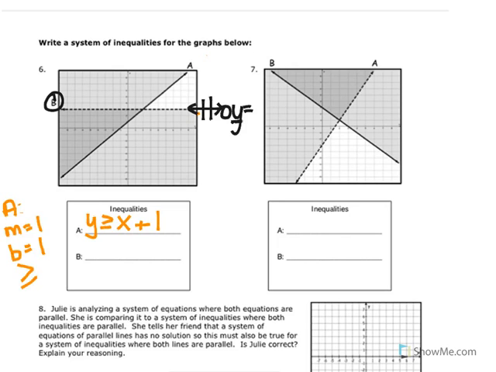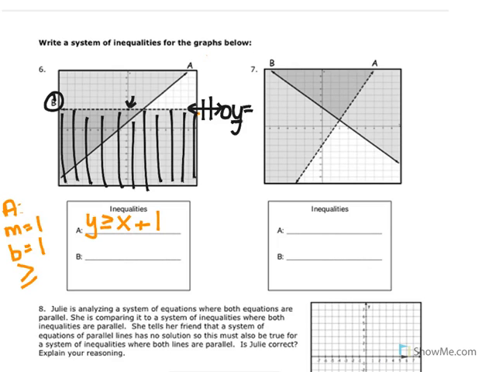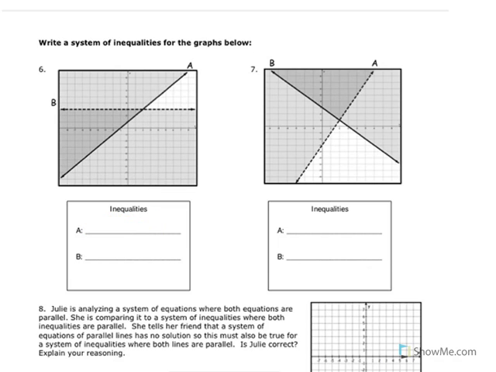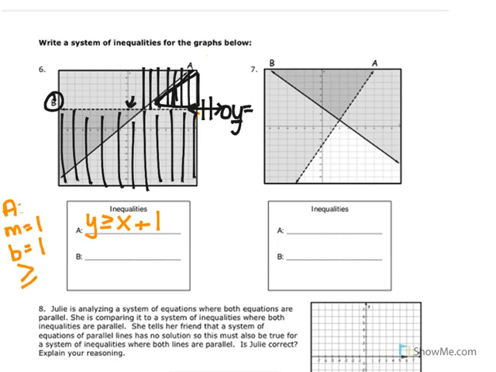It's crossing through the 3, and it's a dotted line, and we can see that the shade is below the line. The reason I know the shade is not above the line is because if it was above the line, this little white area right here would be shaded in, and it's not. So that solves our little clue.